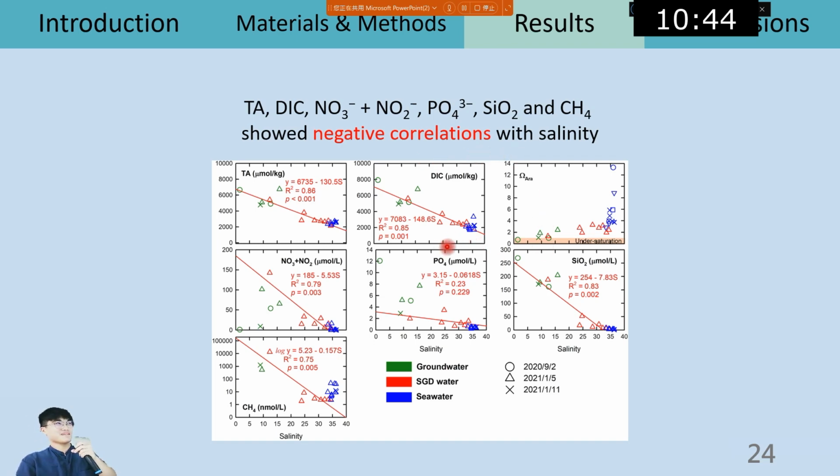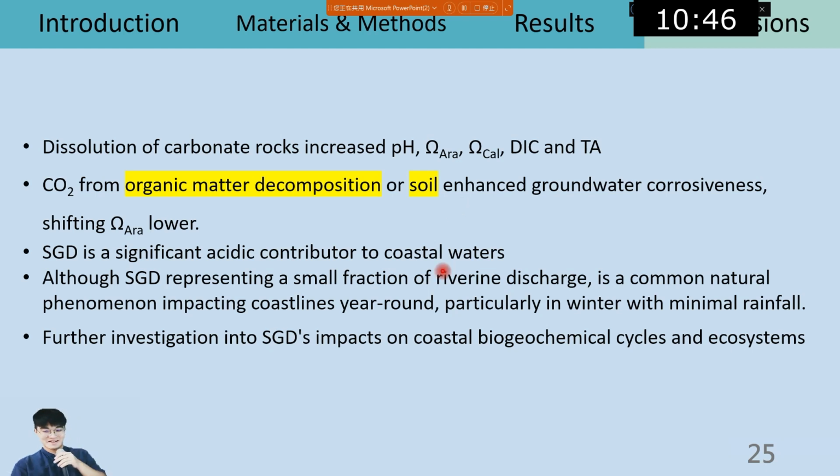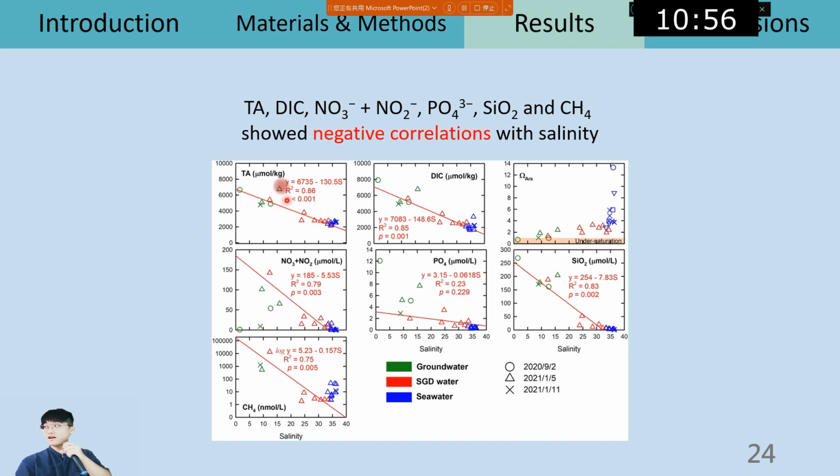So the conclusion is, first, the solution of carbonate rocks will increase pH, omega, DIC, and TA. You can see spring water dissolves the carbonate rocks, so the TA and DIC become higher.